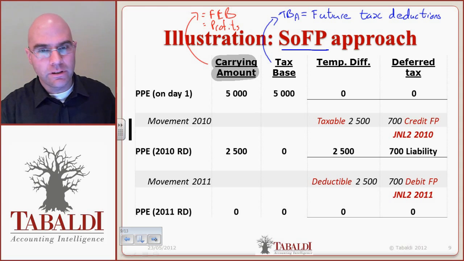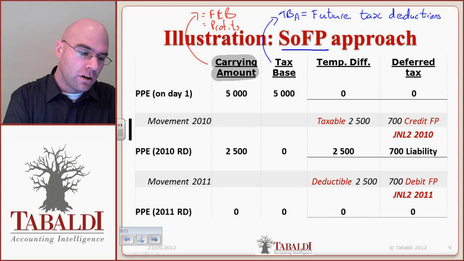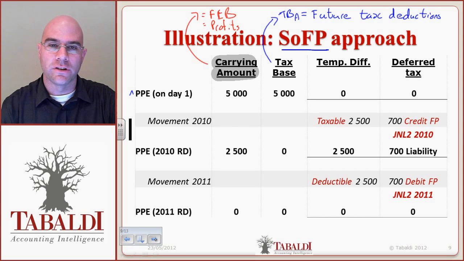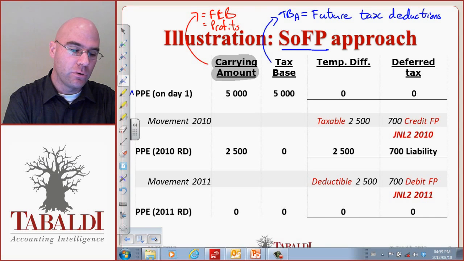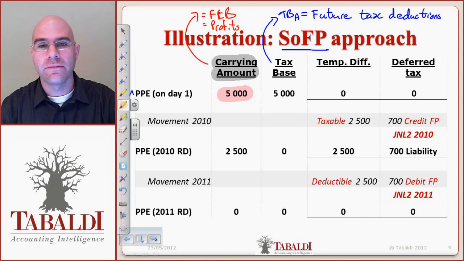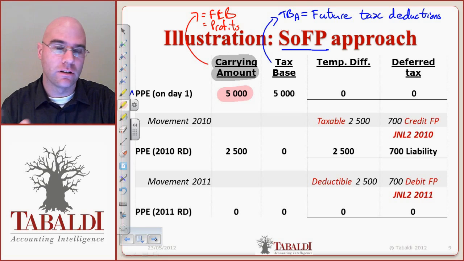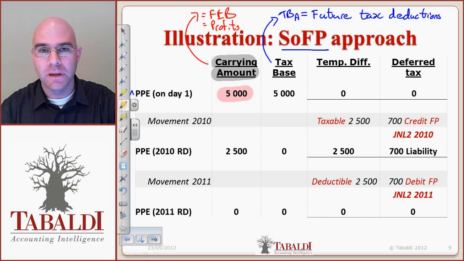So in this scenario, let's have a look on day one. On day one of my property, plant and equipment life, I purchased the asset for 5,000 units of currency, whether it be rands, dollars, euros, whatever. That 5,000 Rand represents, at a conservative estimate, 5,000 Rands worth of future economic benefits.